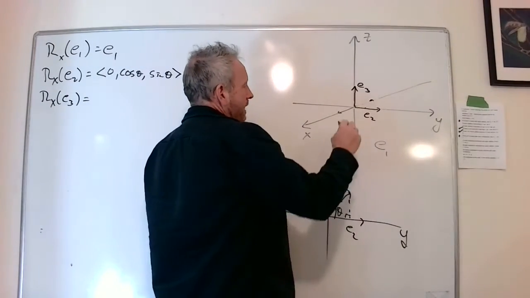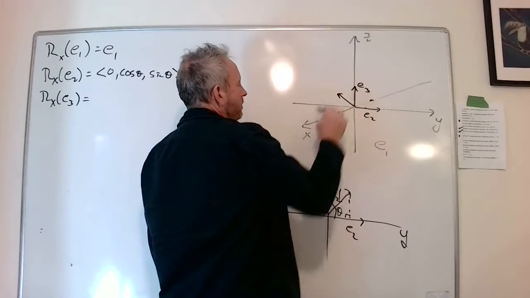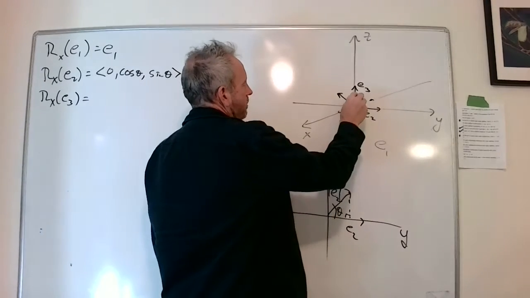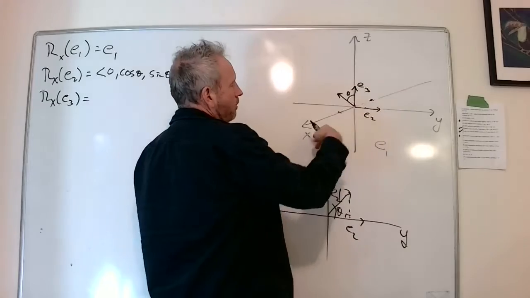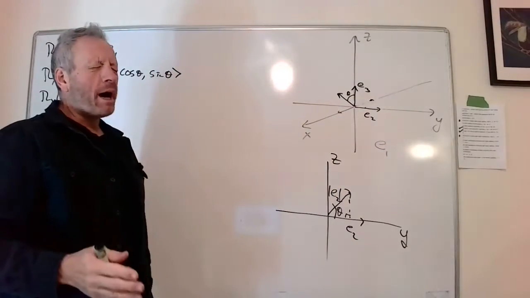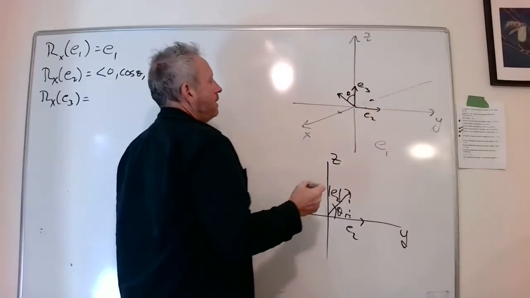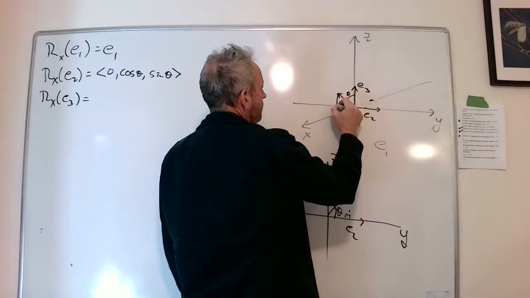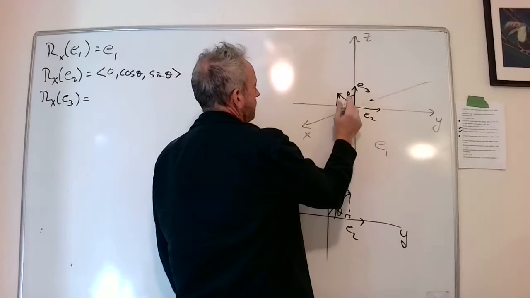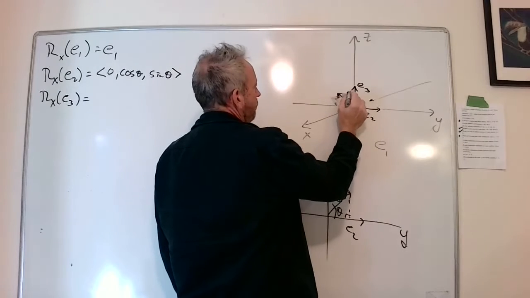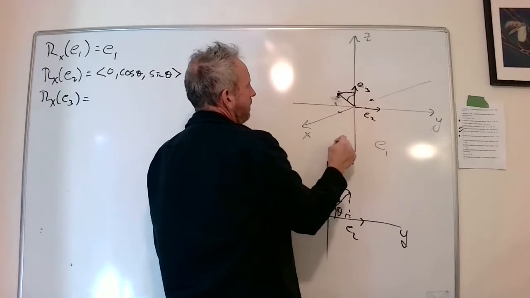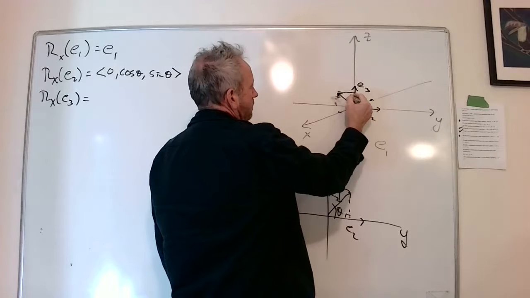We're rotating about the x-axis, so we wind up with a vector here. I think I can use this picture as it stands. There's theta. Remember, that rotation would occur in the y-z plane. Now, how do I write the coordinates of this? Actually, let me form the triangle here like that. There's theta.